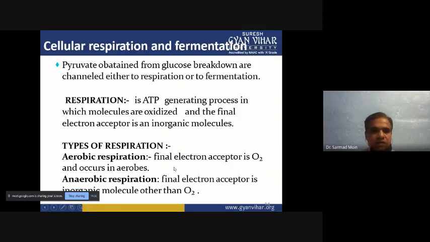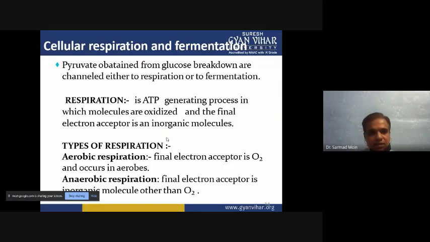Okay, then cellular respiration and fermentation also happen in the cell, using the pyruvate obtained when glycolysis is over. So after glycolysis, two molecules of pyruvate are obtained from the glucose breakdown.